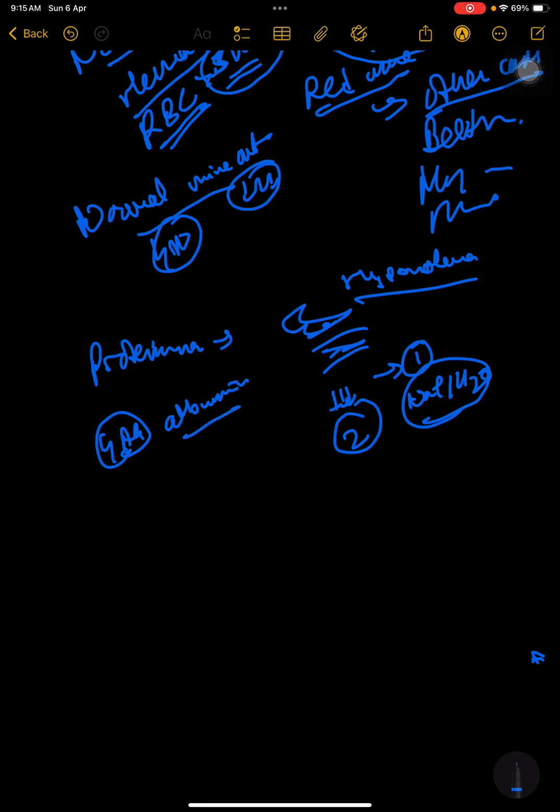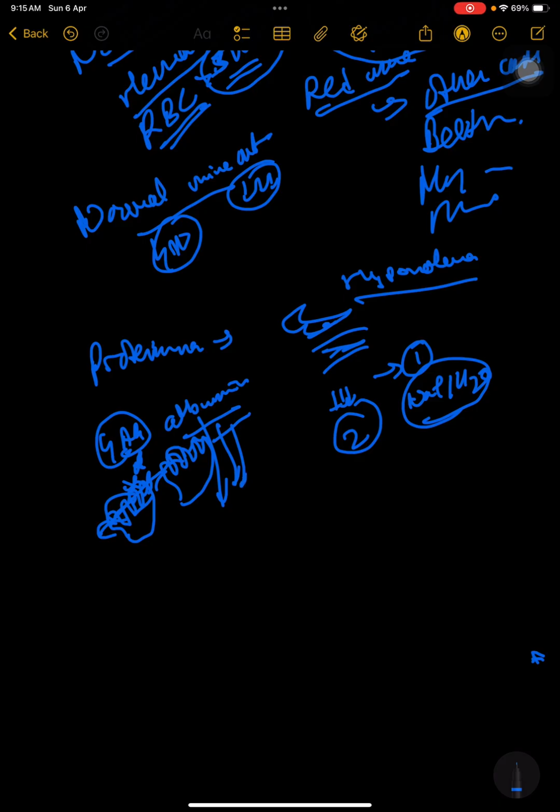Now there is damage to the glomerular basement membrane. Of course, there are these podocytes, podocytic cells, and if there is effacement or damage of these podocytic cells, what will happen? More and more albumin will go into the urine, right?